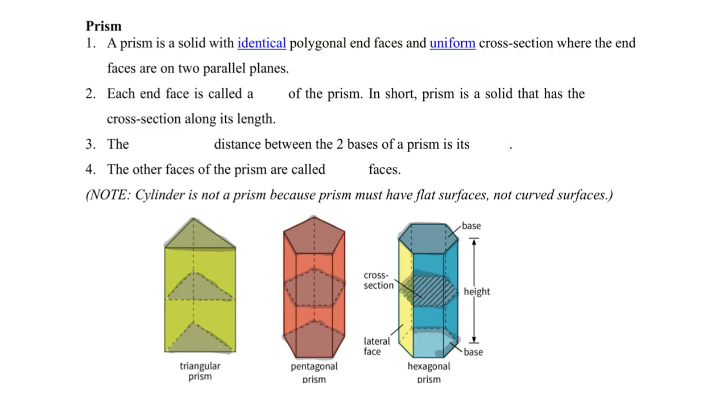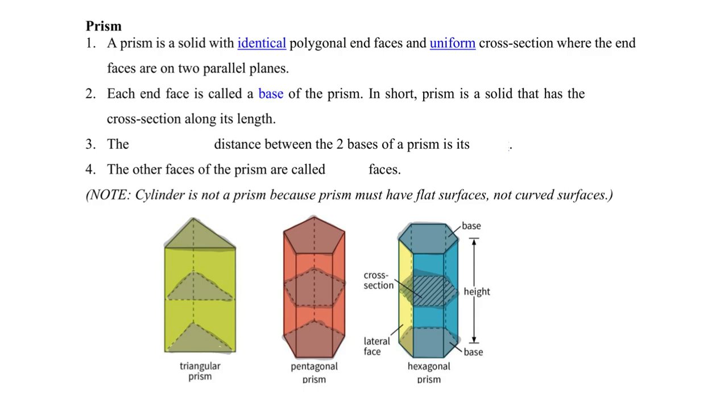So all prisms have this special attribute. We will be able to identify a cross section. Next, the end faces are either called the cross section or, in this case, a base. So in short, a prism is a solid that has a uniform cross section along its length.